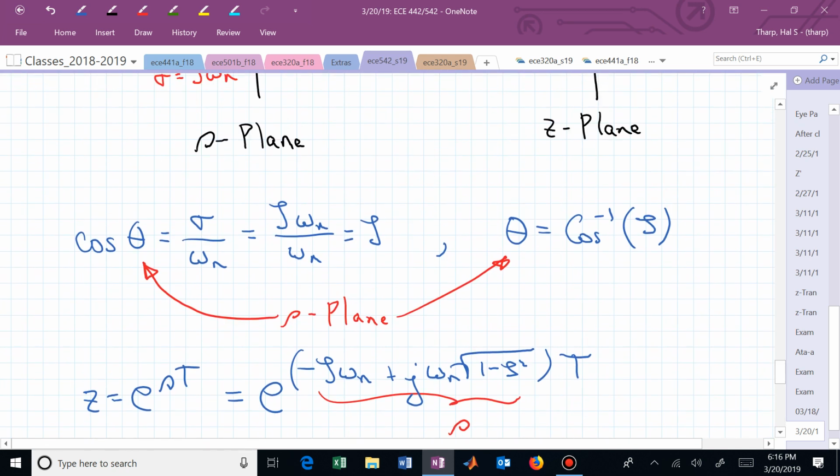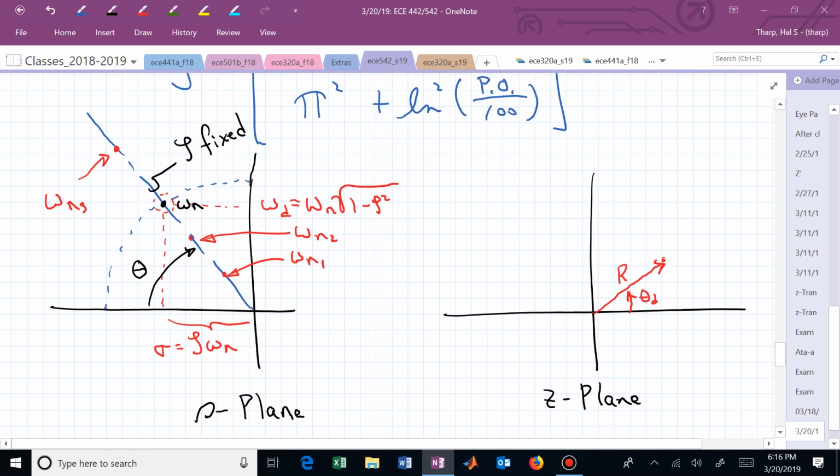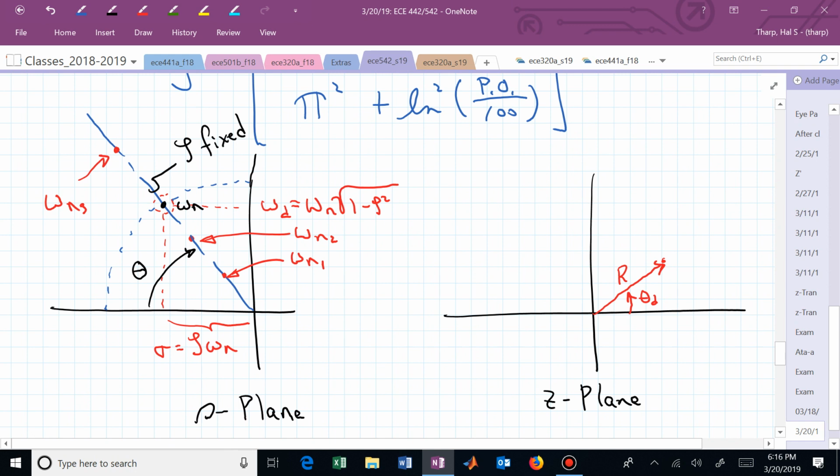That means that when we get a bigger and bigger natural frequency in the s-plane, what we're doing in the z-plane is actually collapsing or getting smaller with our circles. We're getting faster in frequency by making R smaller.